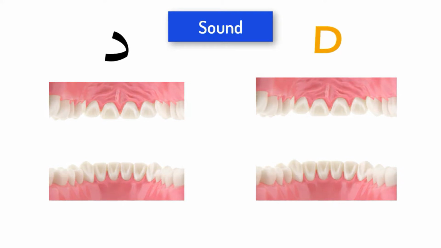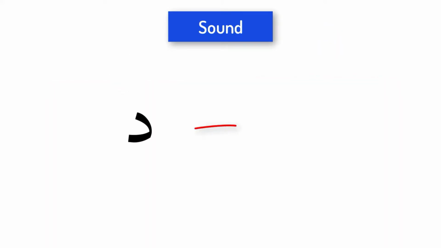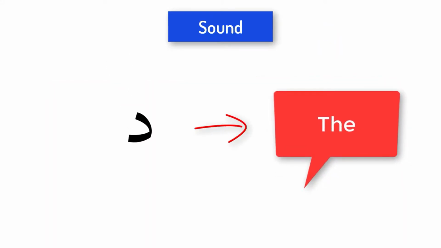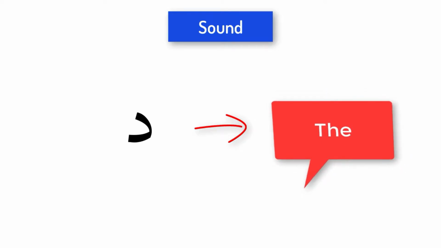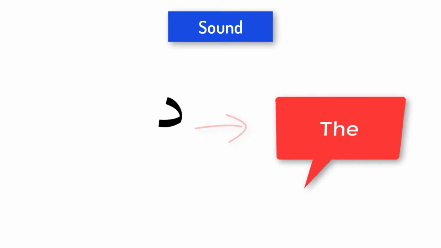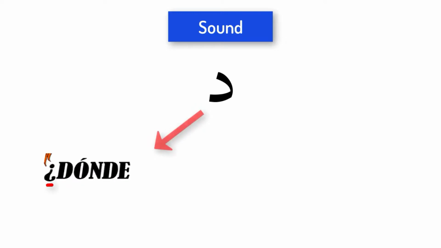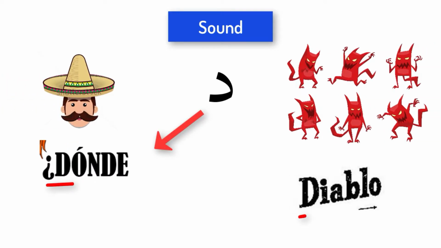It more closely resembles the relaxed pronunciation of the word "the" that you normally hear in casual and informal conversation. Spanish words such as donde and diablo are exact equivalents.